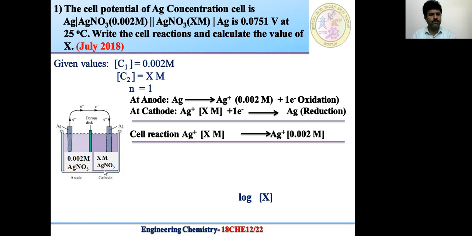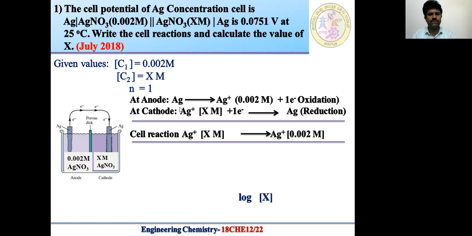At the cathode, the Ag+ ions present in the solution gain electrons and undergo reduction to Ag. At the cathode, a reduction reaction takes place. Silver ions in the electrolyte solution of concentration X molar gain electrons, undergo reduction and form Ag.